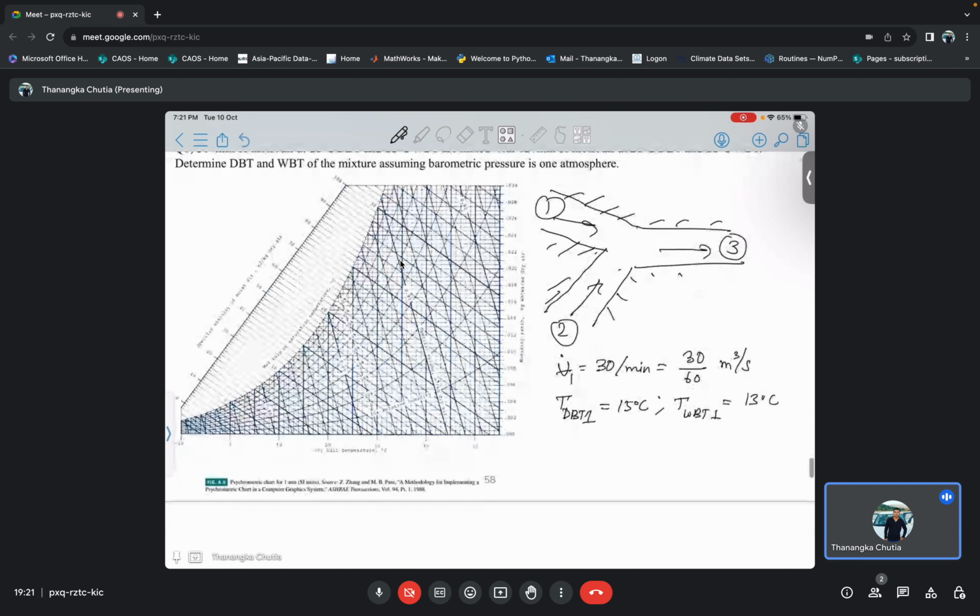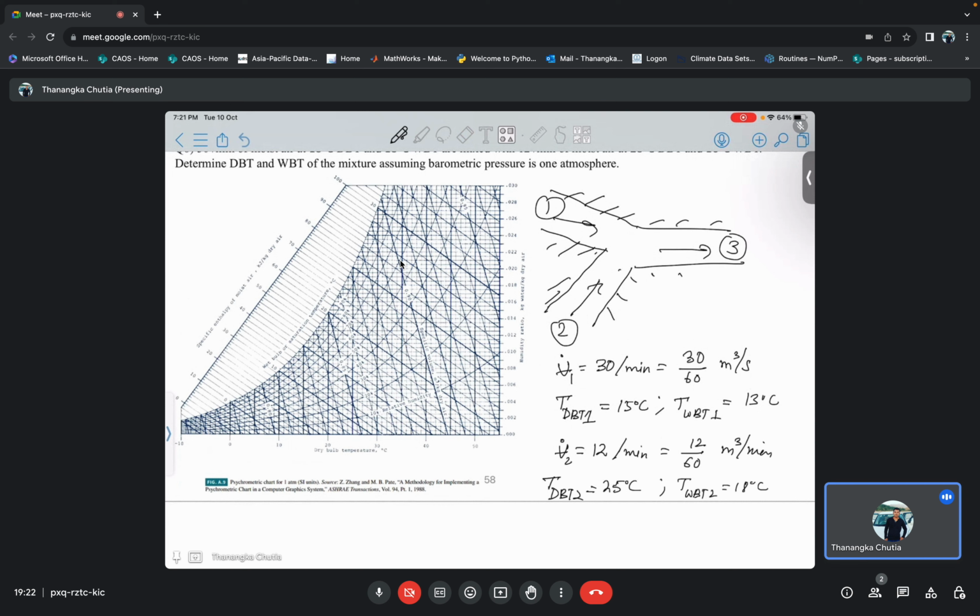Similarly, V2 dot is given as 12 per minute, which I can write as 12 by 60 meter cube per minute, and T dry bulb temperature 2 is equal to 25 degrees Celsius, and T wet bulb temperature 2 is equal to 18 degrees Celsius.